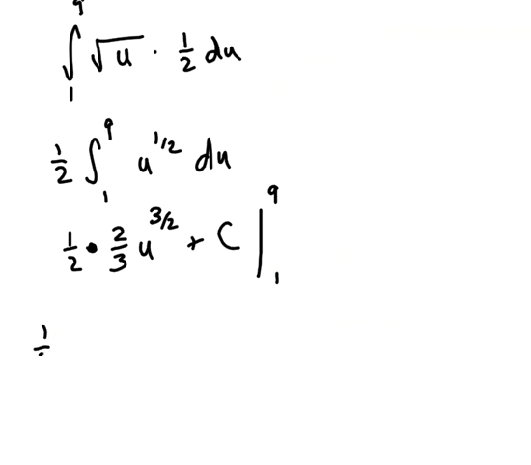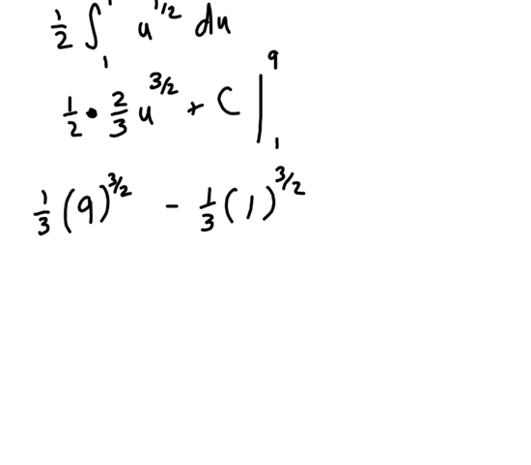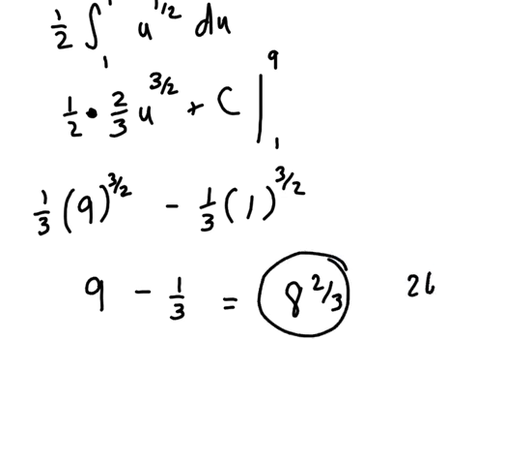So we have 1/3 times 9 to the 3/2 minus 1/3 times 1 to the 3/2. 9 to the 3/2 is 27. A third of it is 9. And then here I have 1/3. So we're going to get 8 2/3, or 26/3 if you like an improper fraction. Okay, this concludes today's lesson.